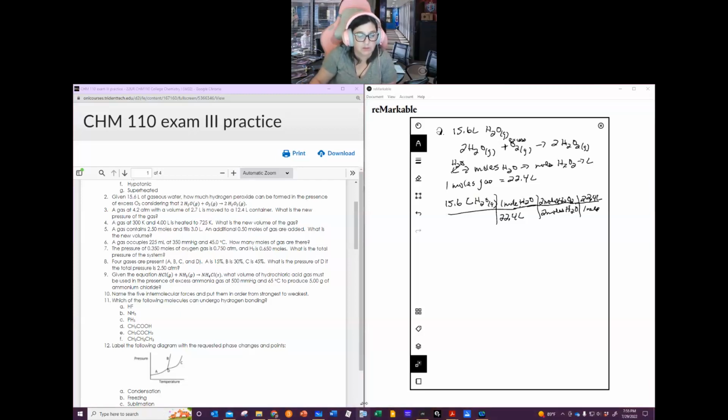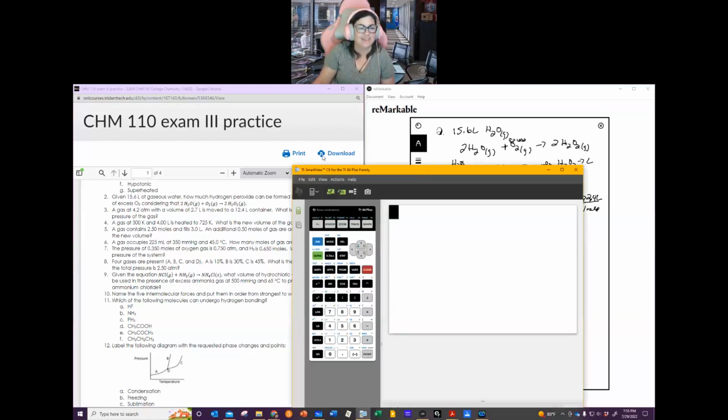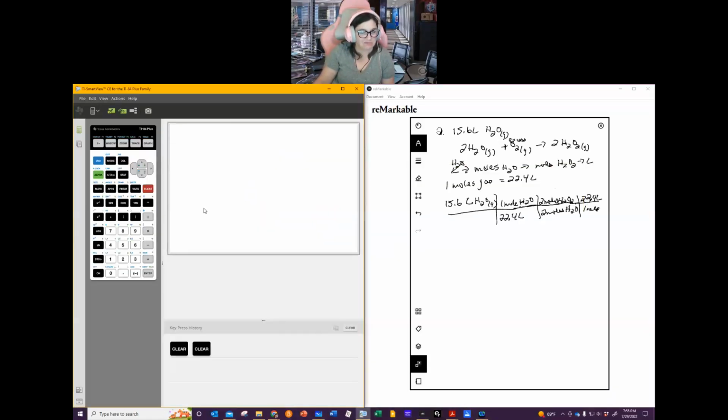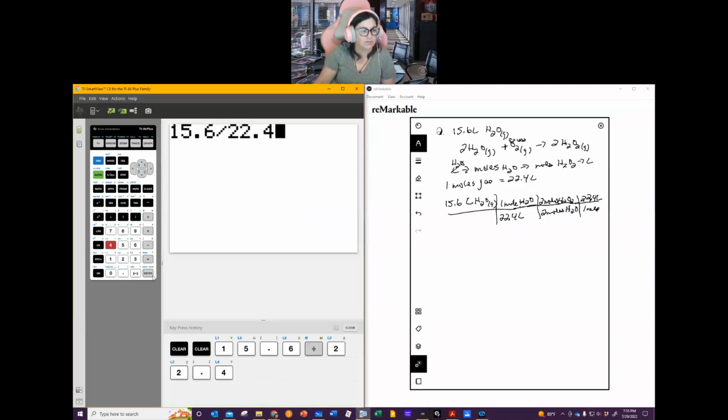So let's see if we can pull up a calculator, because that's always helpful. I don't trust my math anyway. So again, we have 15.6 liters. We divide that by 22.4. That tells me how many moles I have.